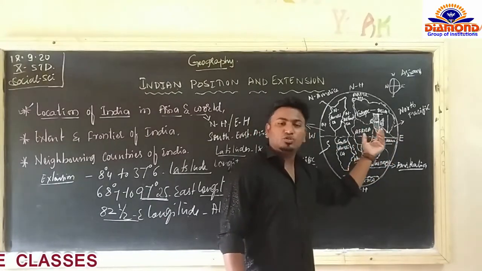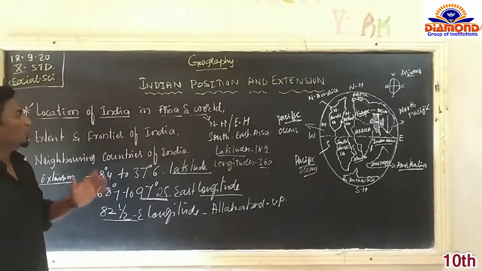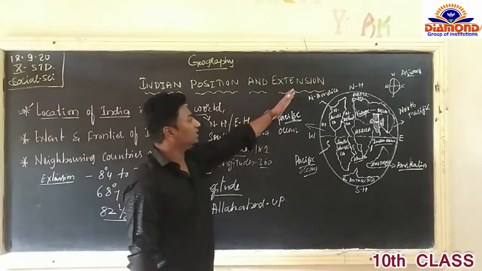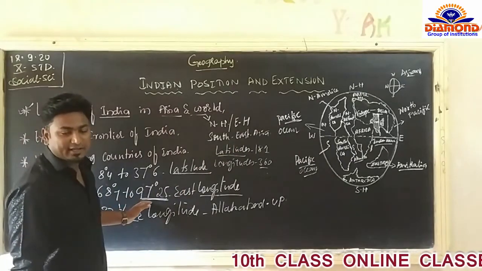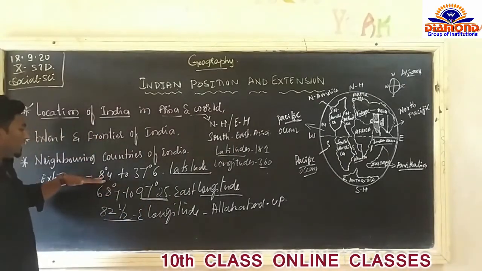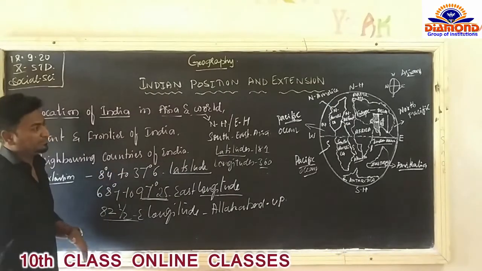So we also add that into our Indian country. So our extension is from 68 to 97 degree in longitude, and in latitude we are 8.4 to 37.